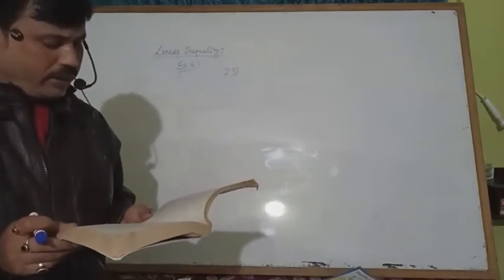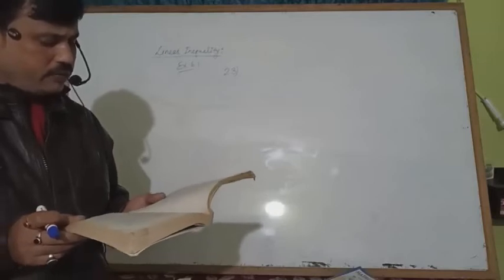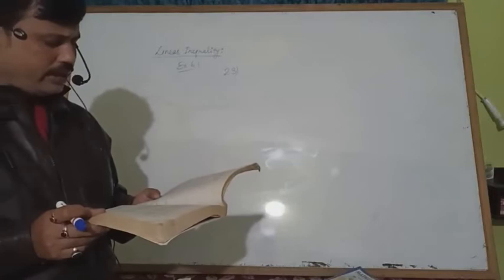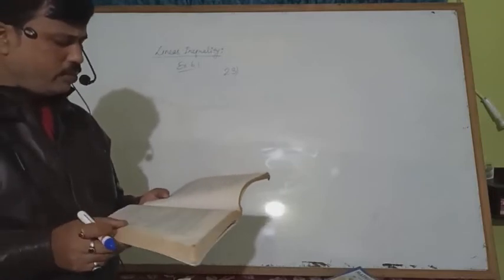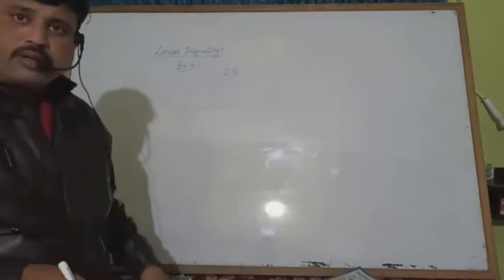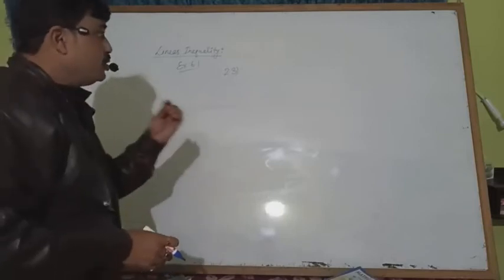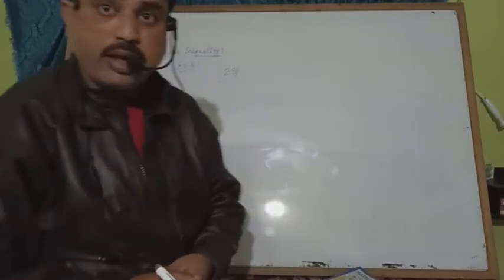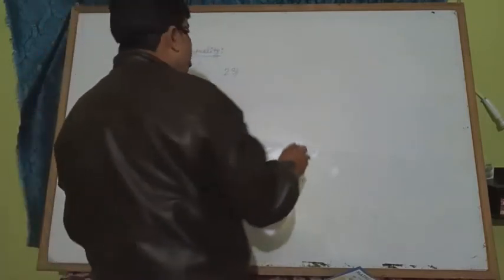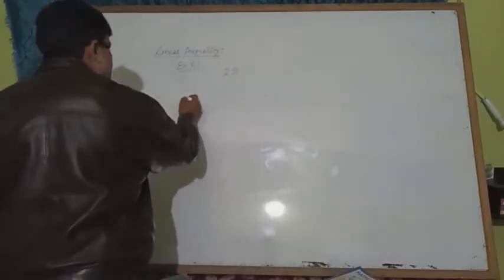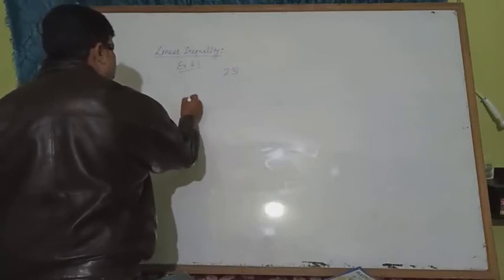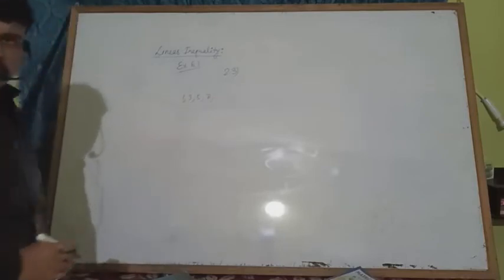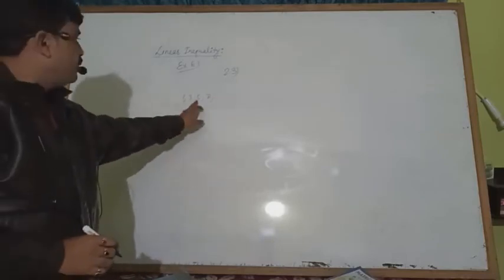Find all pairs of consecutive positive odd integers, both of which are smaller than 10, such that their sum is more than 11. So your question is about consecutive positive odd integers. If you remember odd numbers, 1, 3, 5, 7, what is the difference between two odd numbers?